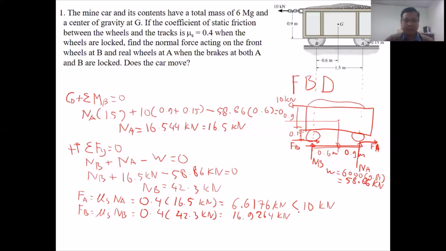How about the B? Yeah, B is higher than 10 kilonewton. So how about if we lock both the wheels A and B? So FA plus FB.